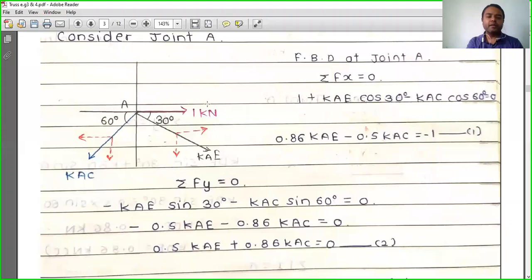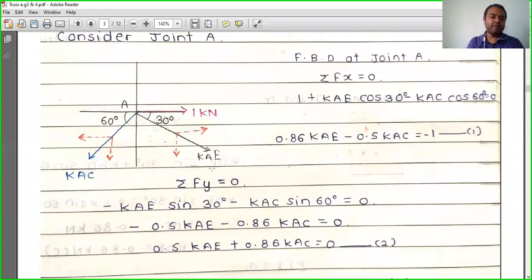So here the 1 kN force towards the right, plus KAE cos 30 degrees, will be equal to plus, and this KAC cos 30 is going towards the left side, so take it negative. Here I have taken it negative. So we get one equation from this.